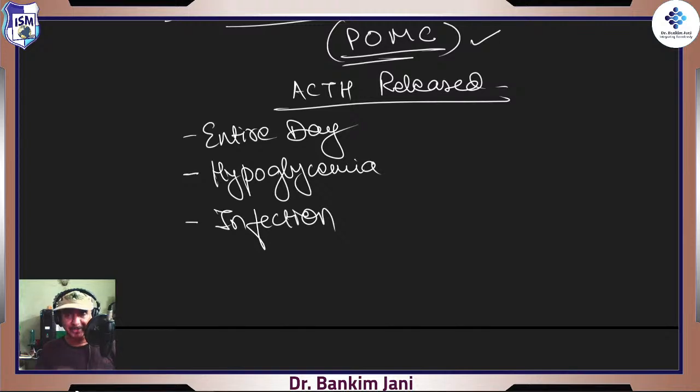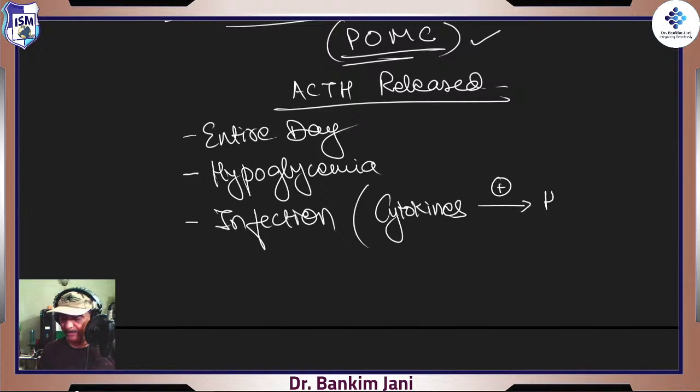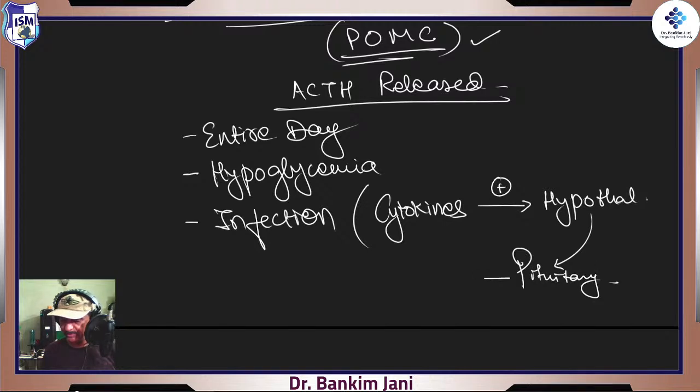Why in infection? Because in infection there are cytokines, right? Whenever there is infection, our fighters come into the picture, and those cytokines go to the hypothalamus. They will stimulate it. They will tell the hypothalamus that we are fighting, right? So it will say, okay, I'm telling my pituitary. Which pituitary? Anterior is for a different purpose, posterior is for a different purpose.